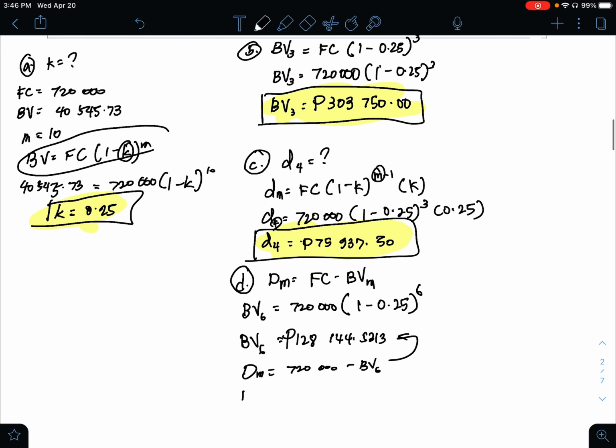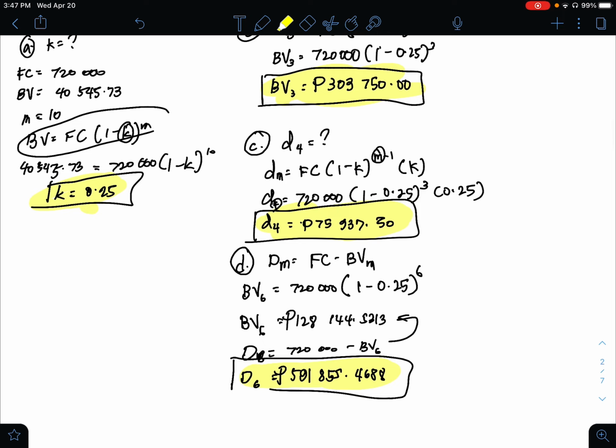So our D at 6, the total depreciation at 6 years, is 591,855.4688 or 47 pesos. That is for example number 1.